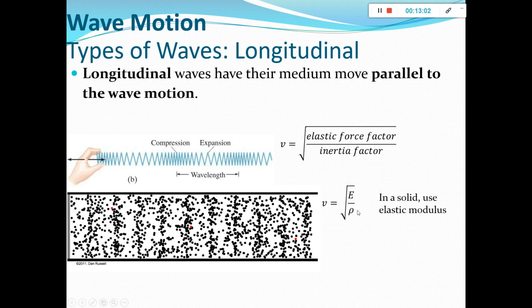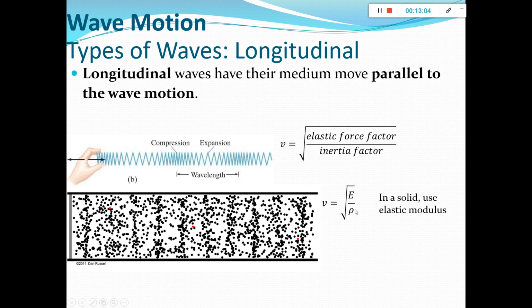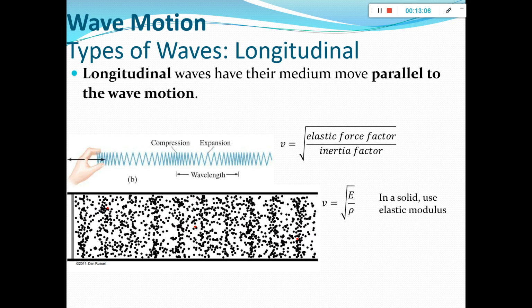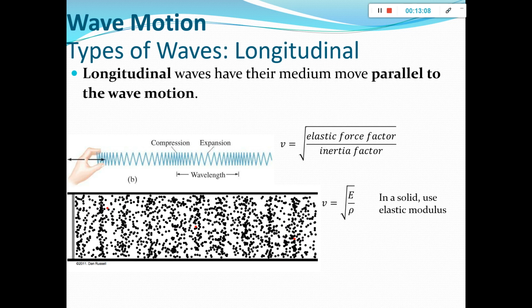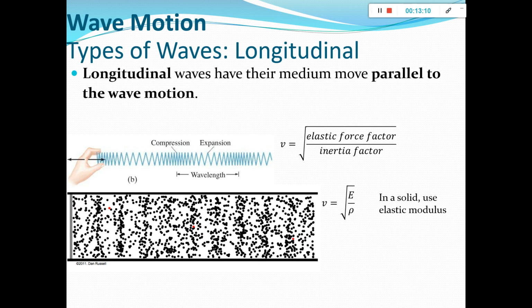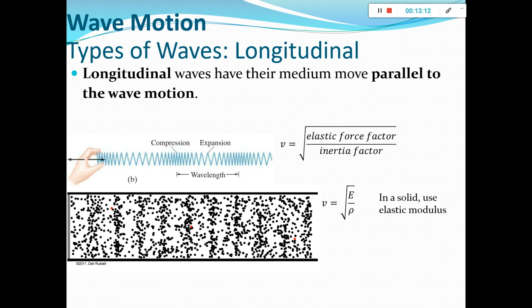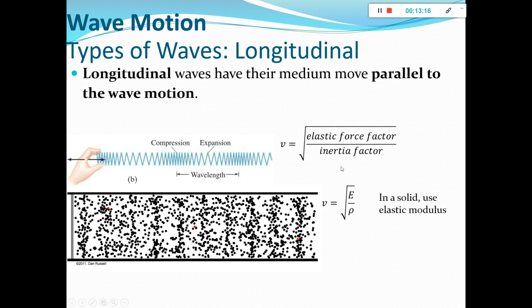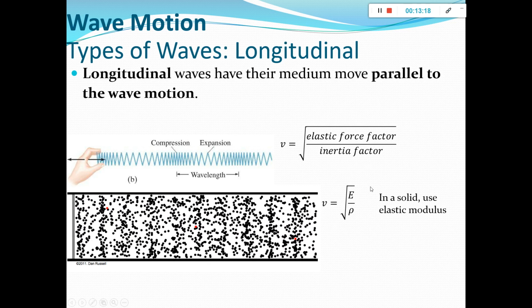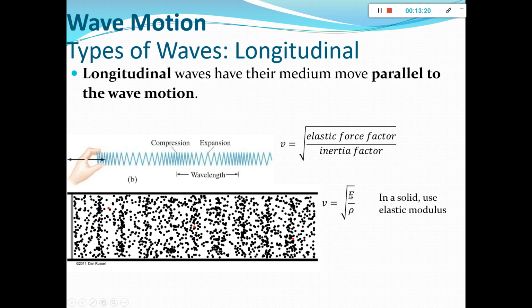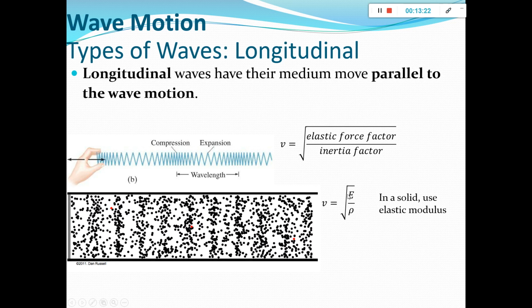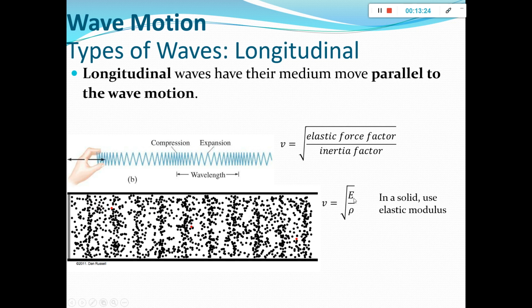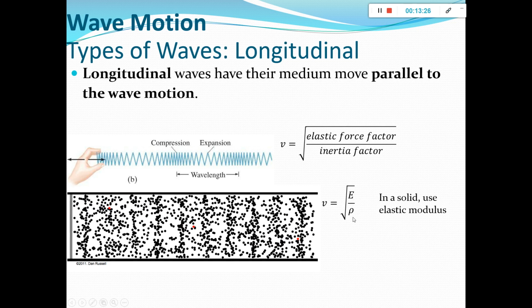And when we bring back what we talked about in the first topic, Hooke's law and Young's modulus, for a solid our equation would look something like this, where we use the Young's modulus elasticity value and divide it by the density of the material.